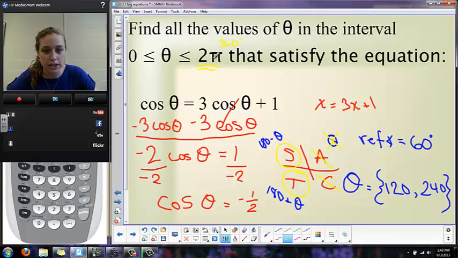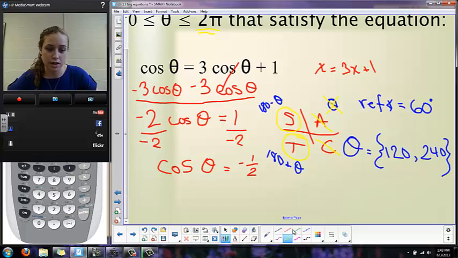So this interval gives you a clue about how it wants your answers. If this said theta is between 0 and 360, this answer would be perfectly fine and you could move on to the next question. But because it says theta is between 0 and 2 pi, I now have to put these answers in terms of radians.